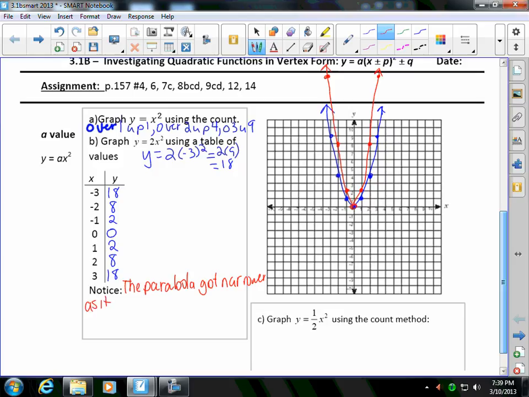It started at the same point, but it got skinnier as we put more values into the x squared, and that was due to multiplying by that 2. So that's called the a value. And the a value will change the shape of the parabola by making it either narrower or wider. So in this case, we got narrower.